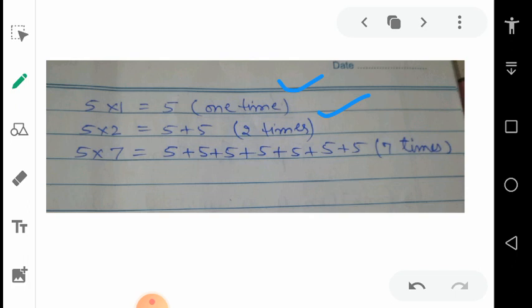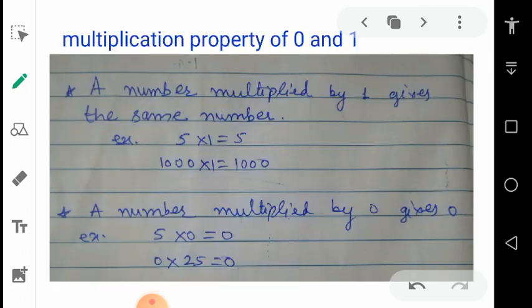As you can see in the last statement, this is 5 7s on the left side, and on the right hand side I have written 5 seven times, and both the answers on both sides are correct. As on the left side 5 7s are 35, and on the right side 5 added to itself 7 times gives 35 also. So finally, is it clear to you that multiplication is repeated addition? The given examples are obviously easy.